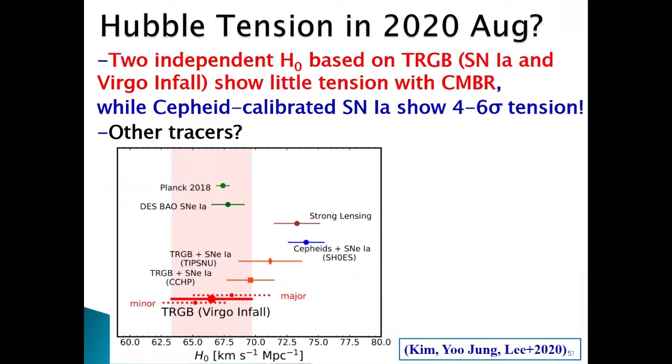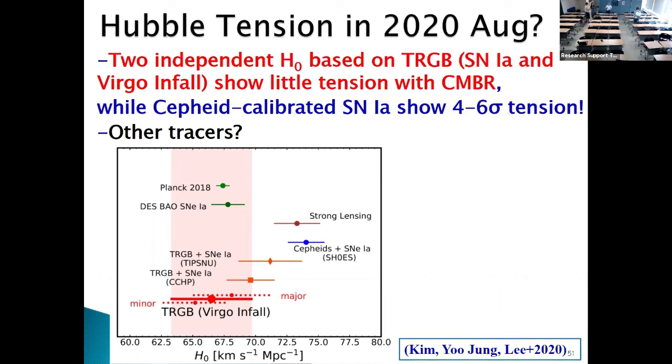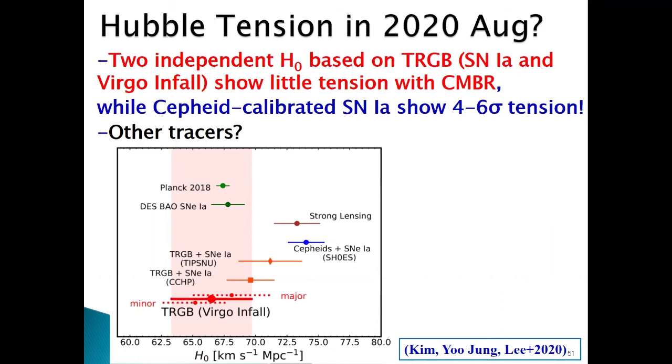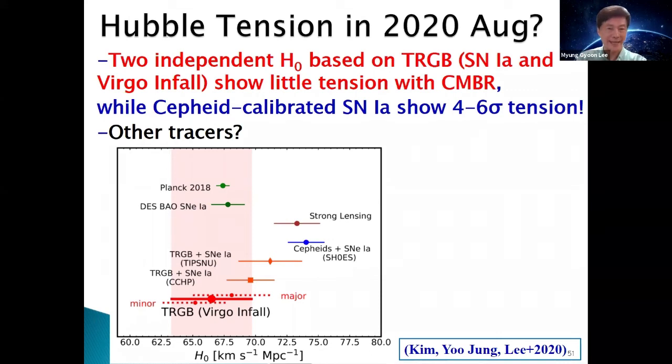But your sample size, how do you control? My point is that the total number of red giant stars in a galaxy is something you cannot control, right? But the most popular stars in a galaxy are RGB stars.